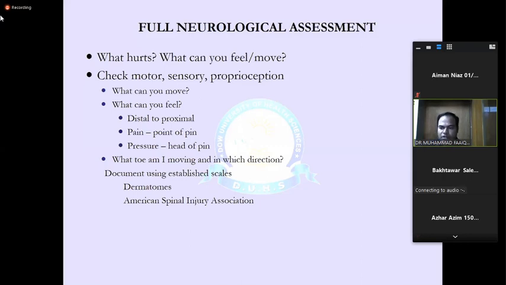This is done if the patient is oriented. If the patient is oriented, you go ahead with the brief neurological examination, and after that you go for a full neurological examination.